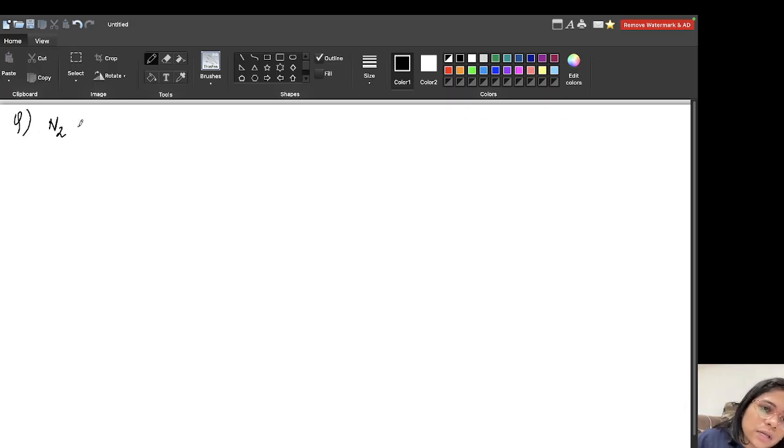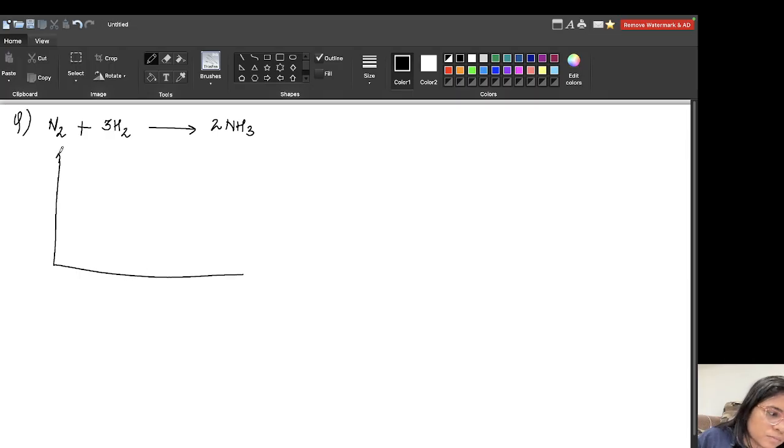So the equation tells you N2 plus 3H2 is giving me 2NH3. You have a graph given here, and in the graph you have concentration of H2 with respect to time. You have the numbers 6 and 10 here, and 2 and 4 here.